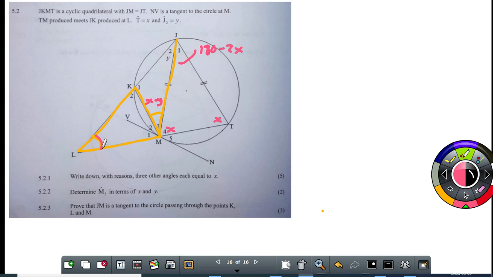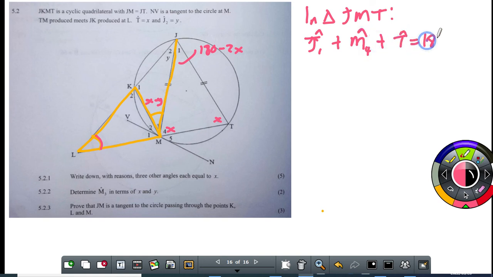Okay. So, what I'll do is to say in triangle JMT, if I add J1 plus angle M4 plus angle T, I'll get 180. My reason: sum of angles in a triangle, right?